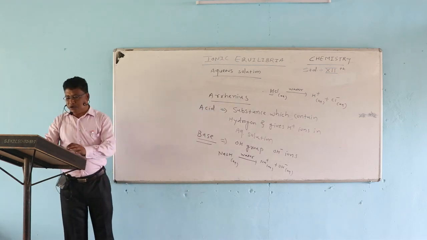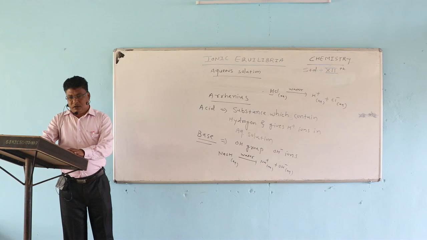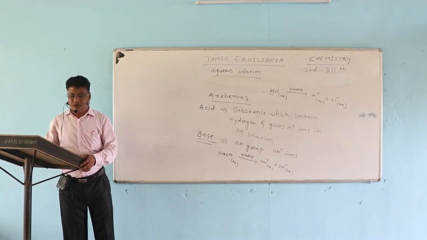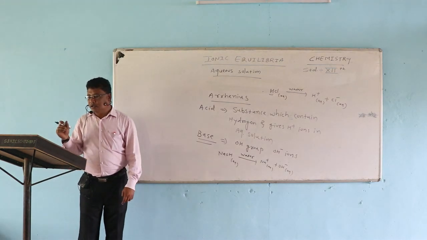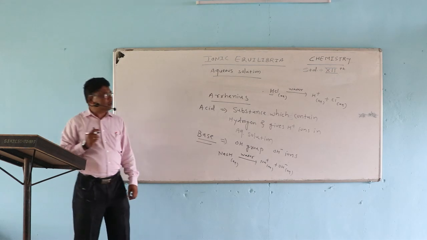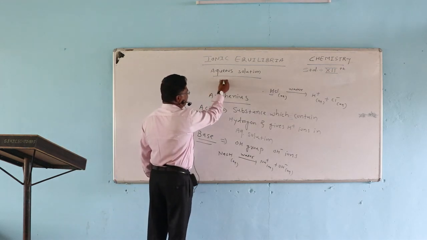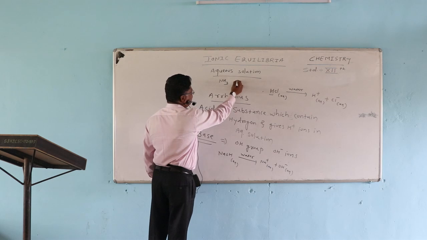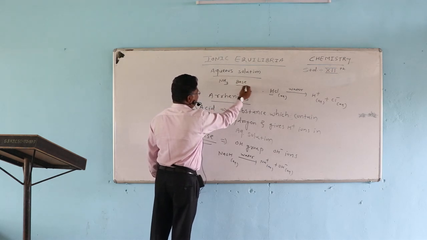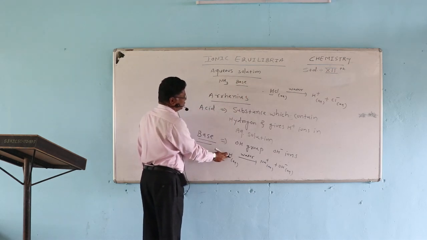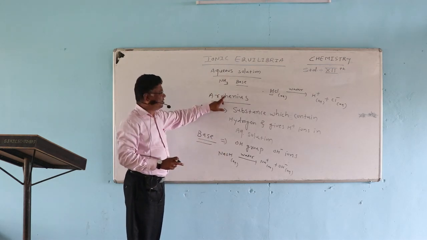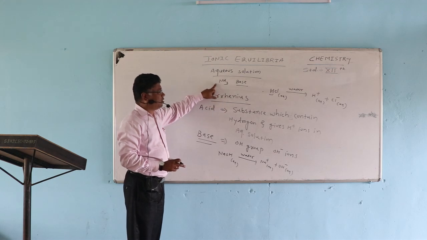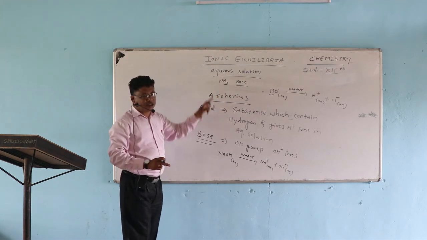And here it is important to know that it does not give the acidic and basic characters of some substances. For example, you know that NH3, ammonia, is a base, still it does not contain OH. So this was not explained by scientist Arrhenius. That's why these are called drawbacks.